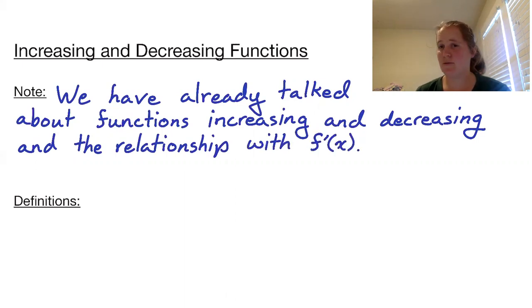We are now just going to formalize what increasing and decreasing means and formalize the relationship.